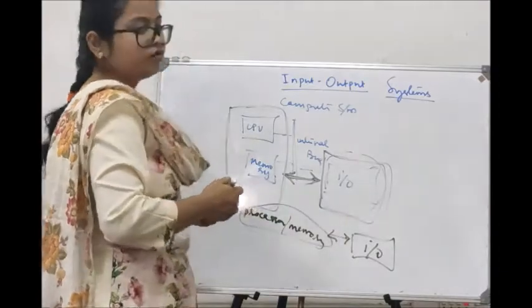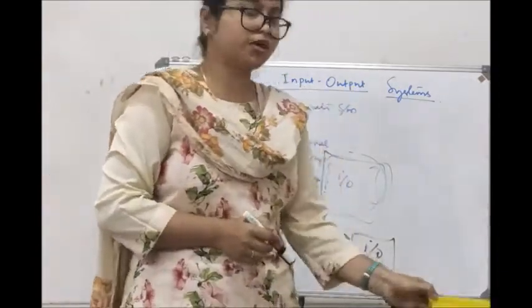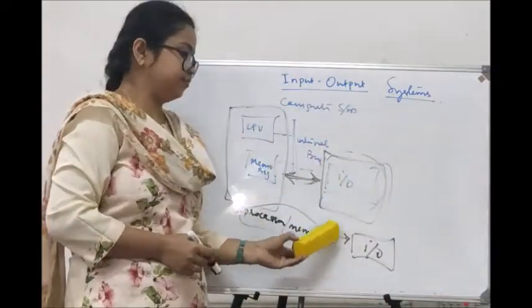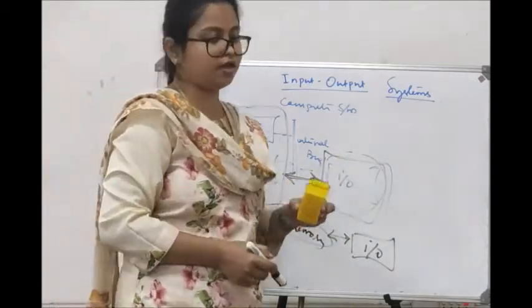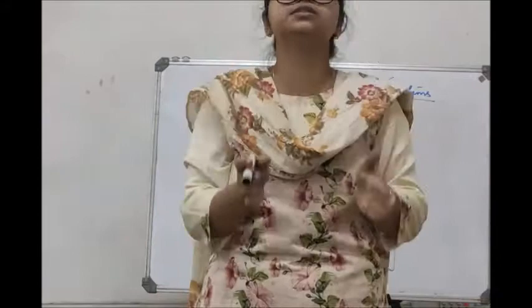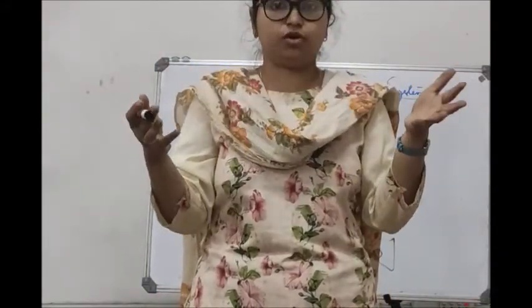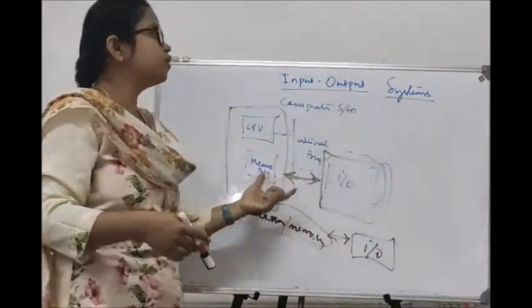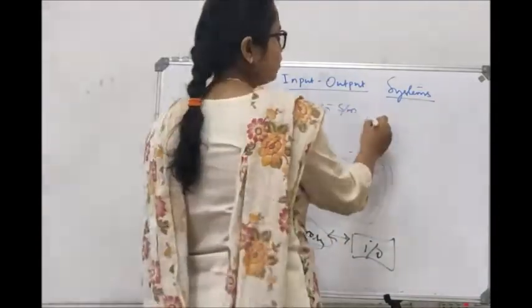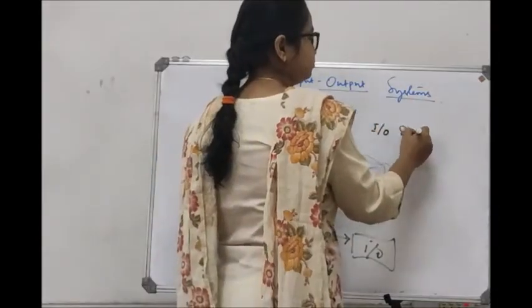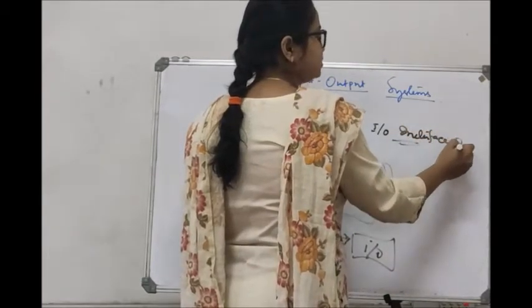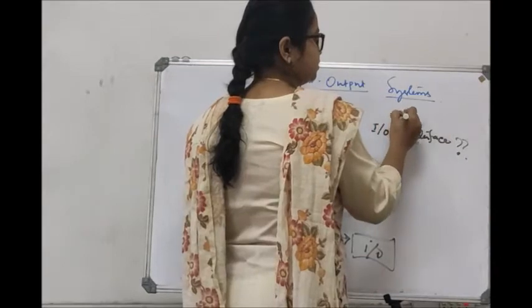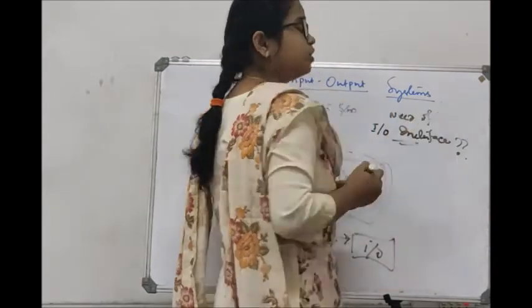The communicating entity, the middleman, is what we call the interface. Interface is the middle thing that enables that communication. So why is there a need for an IO interface?